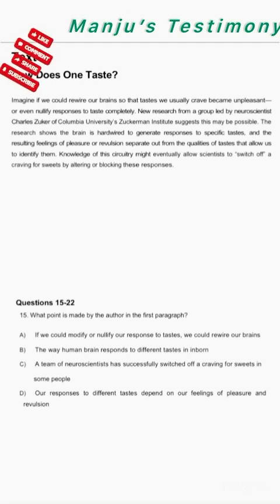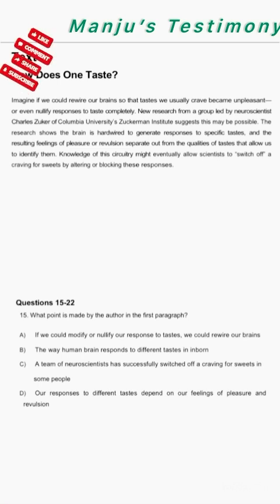So the response of happiness will be unpleasant. So the brain would be redesigned to make it unhappy when we experience sweet taste, or even nullify response to taste completely, totally cancel the brain's response to taste. The author is telling us to imagine a situation like that. So this sentence is straight opposite to what is mentioned in the question. So now we can eliminate option A.